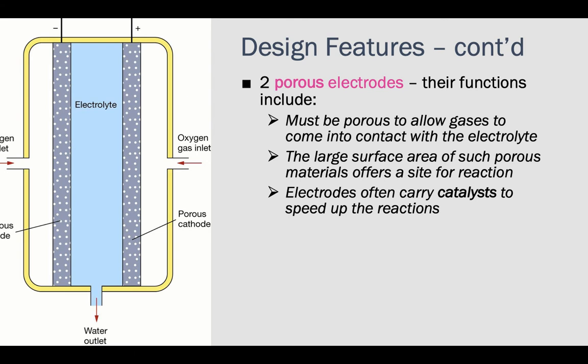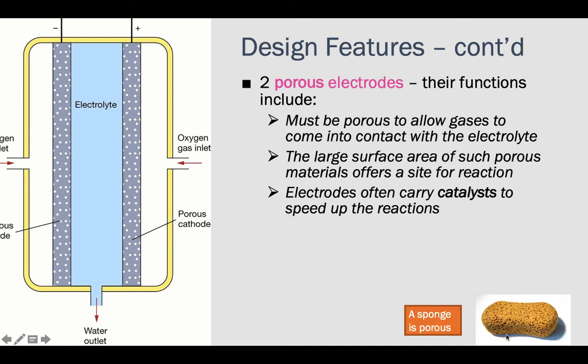For fuel cells, there's one thing that's quite unique. That is their porous electrodes. A sponge is porous, so you get an idea what it is. It must be porous, as compared to other galvanic cells where it does not necessarily have to be.